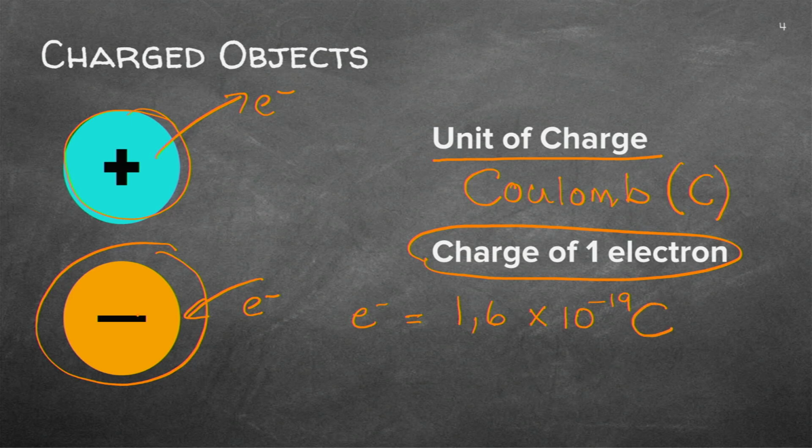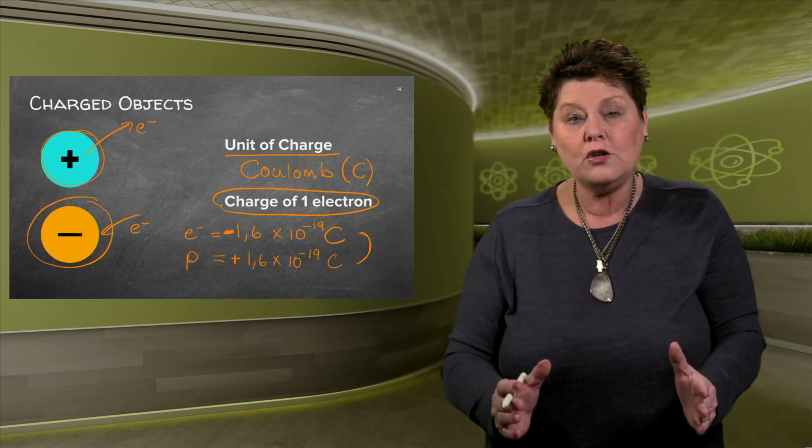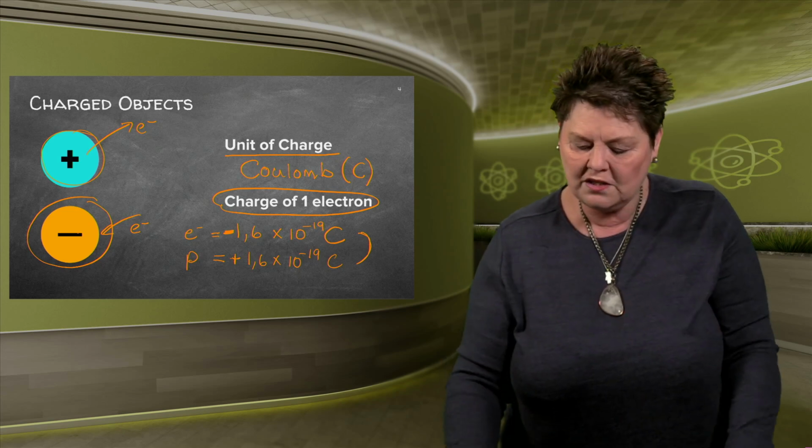And remember, it's an electron, so it's got a negative charge. Likewise, the proton will also have a charge of 1.6 times 10 to the minus 19 because they are equal in charge, but that will be positive.